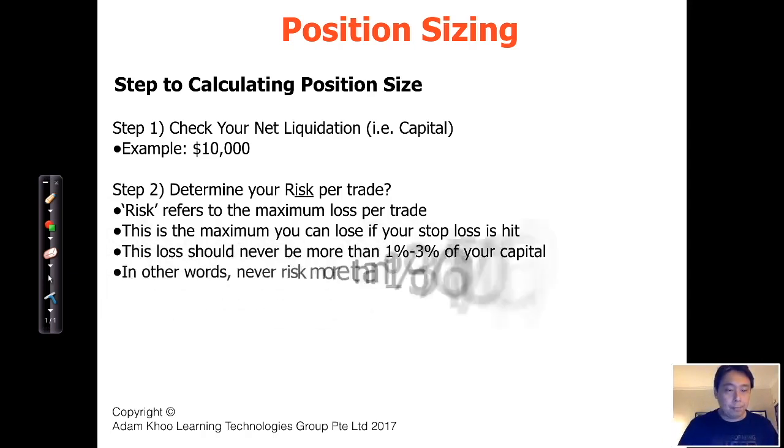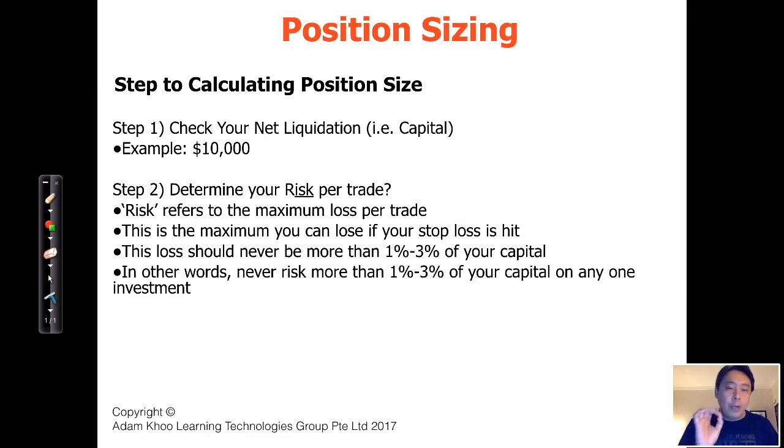Okay? In other words, never risk more than 1% to a maximum of 3% of your capital on any single trade. So my suggestion is to always start with a 1% risk per trade. And once you are confident enough, you're experienced enough, you can raise it to 2% and eventually to 3% maximum.